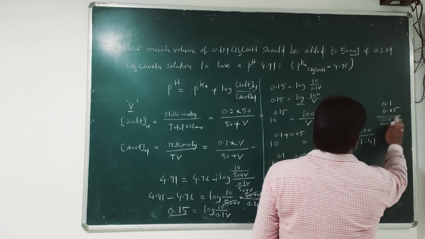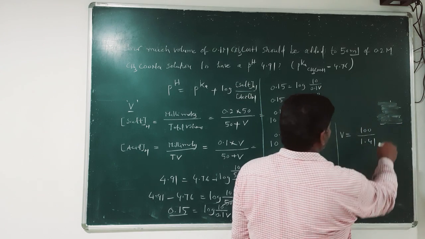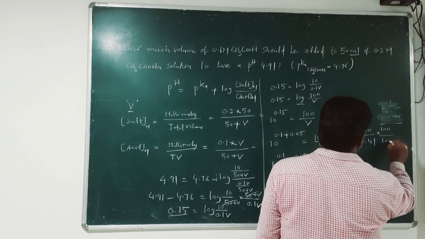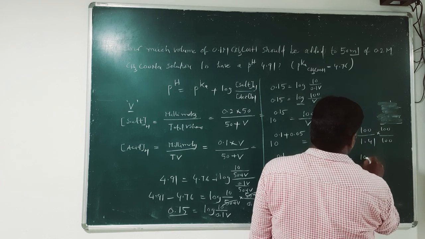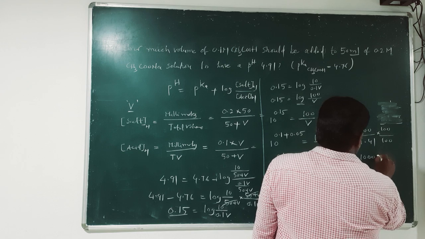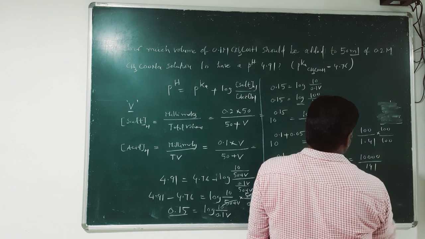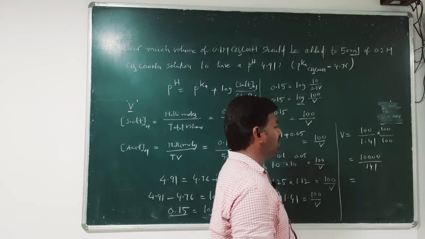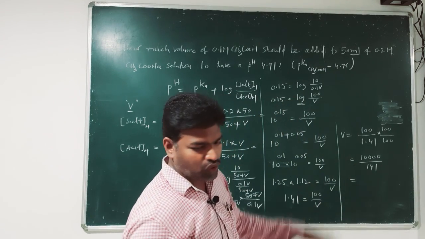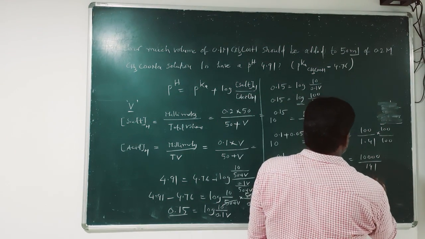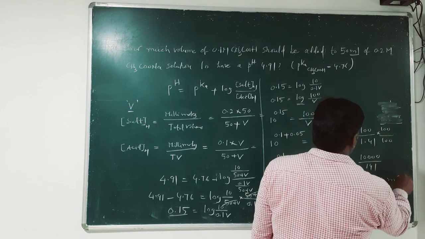We can write this as 10,000 by 141, which comes out to be 70.92 ml.